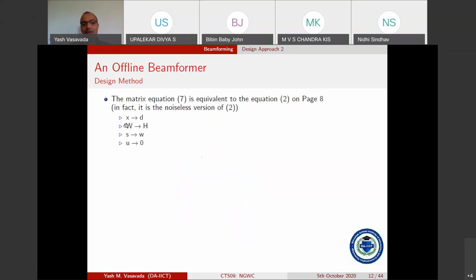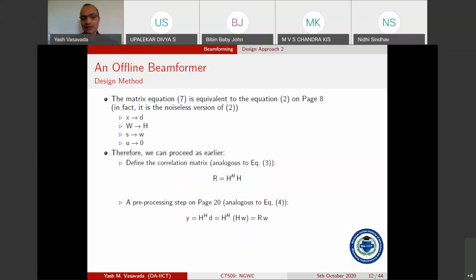The matrix W, we are calling it now matrix H. The vector S of symbols is now becoming vector W, that we want to determine, the vector W of beamforming coefficients. And in this particular formulation, the noise is not even there. And so we saw that we can actually perform the same type of decorrelation or MMSE algorithm.